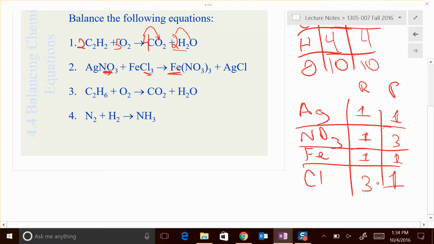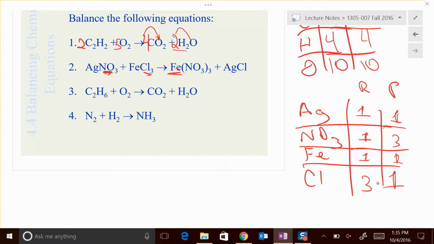Okay, so this really helps me see what I need to do to balance this. What's not balanced? The NO3, the nitrates, and the chlorine. That's it. So let's balance the chlorines, or the nitrates, either one works. Let's do the chlorines.